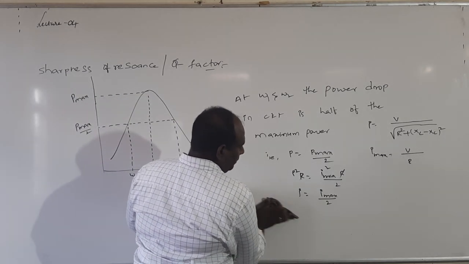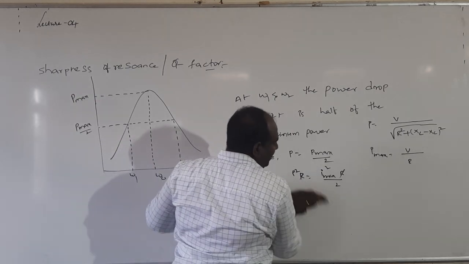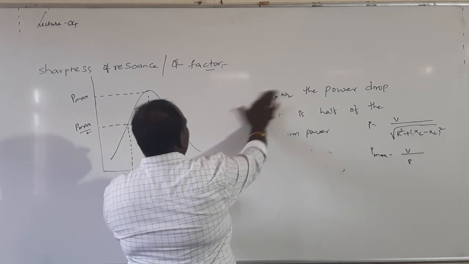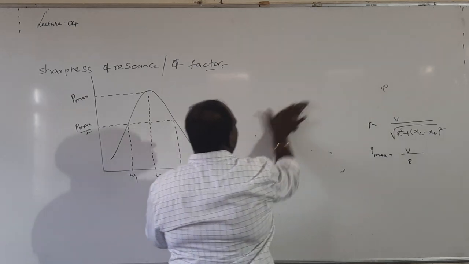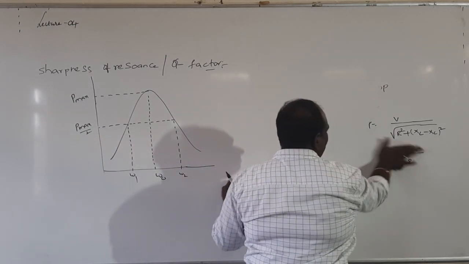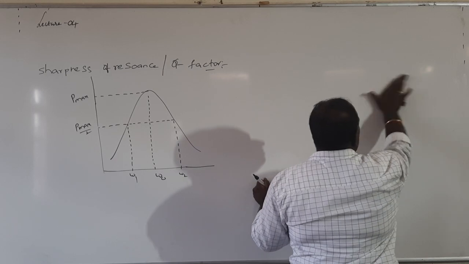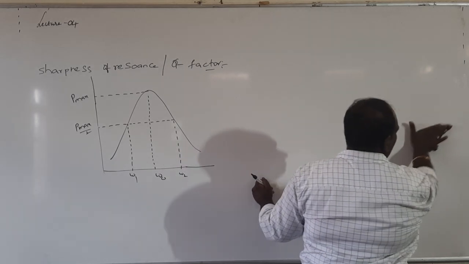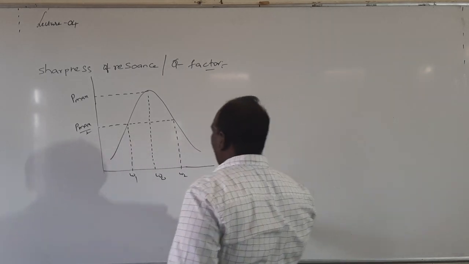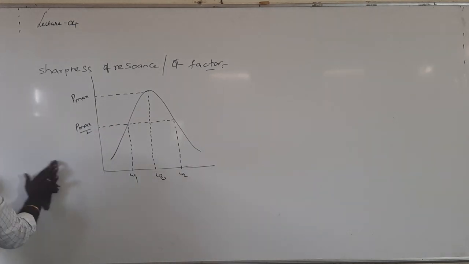If you use I equal to I max by 2, I am rubbing this diagram also.